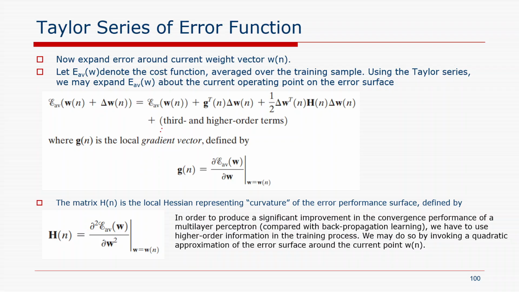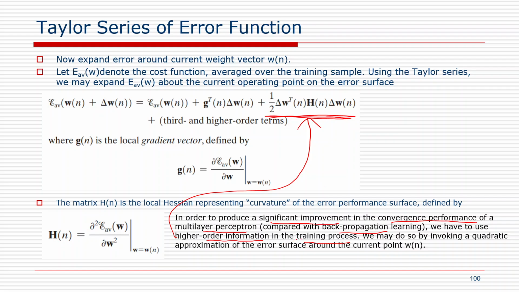But now in the conjugate gradient descent method, we are going to use this quadratic term. In order to produce a significant improvement in convergence performance of the multi-layer perceptron when compared with backpropagation learning, which we have studied until now, we have to use higher order information in the training process. This higher order information is the second order term.